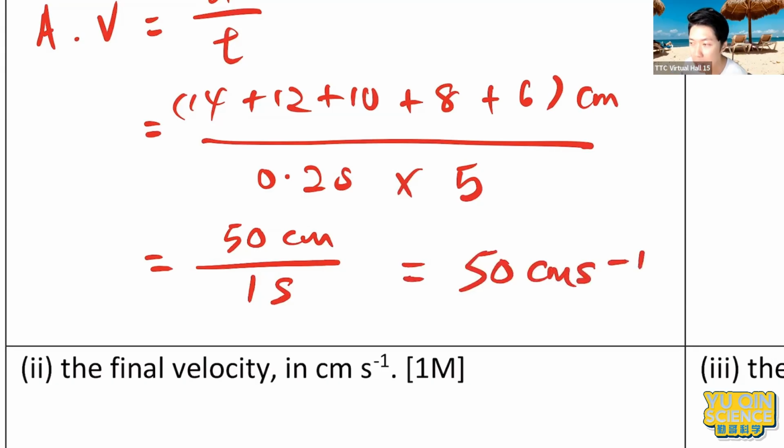Don't be careless. What? 40? How come? What did I count wrong? You wrote 0.2 second like 0.25.